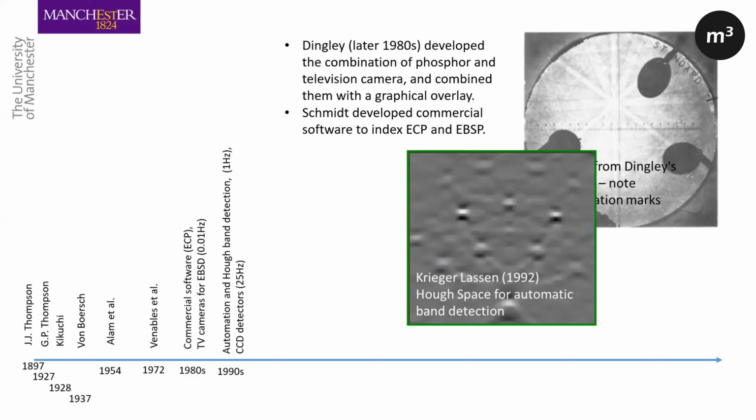But with this, we could leave the system untouched, and it would go ahead and do these. So we could really get 1 pattern a second. And then CCD detectors came about where they were 25 hertz. So that increased our speed 25-fold, and that was a huge step forward.